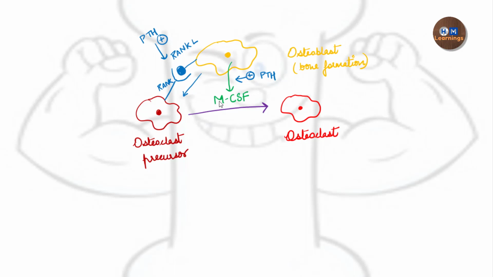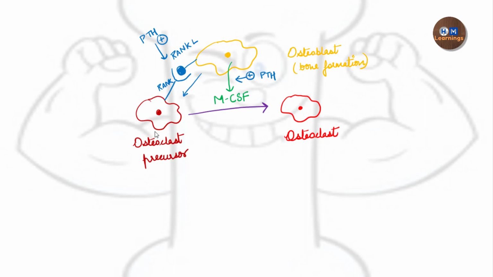Another thing done by the parathyroid hormone is that there is a ligand which is expressed on the osteoblast. This ligand will bind to its receptor present on the osteoclast precursor, triggering its further differentiation into the osteoclast.